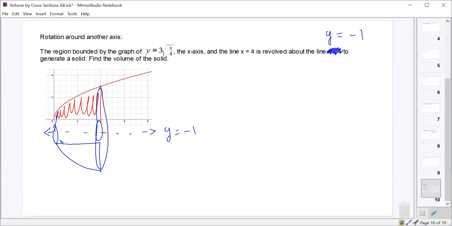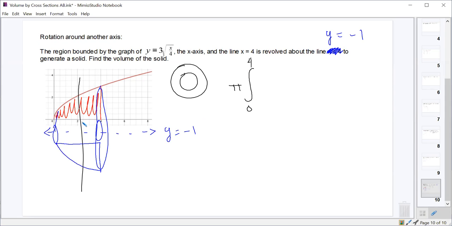Well, what do the cross sections look like? Circles, right? Oh, not quite circles, a washer circle. Like a washer, right? So all we need to do is pi times the integral from the furthest left, 0, to the furthest right, 4, of the outer radius minus the inner radius.